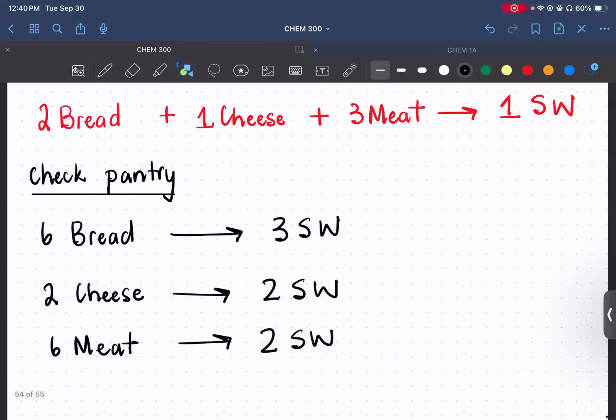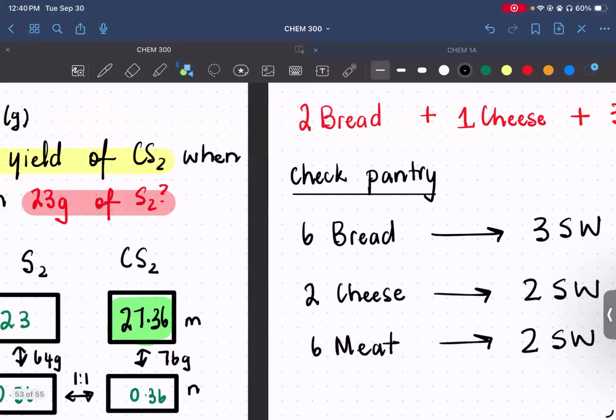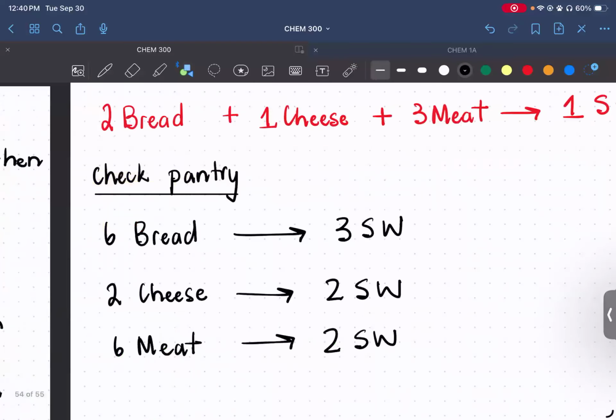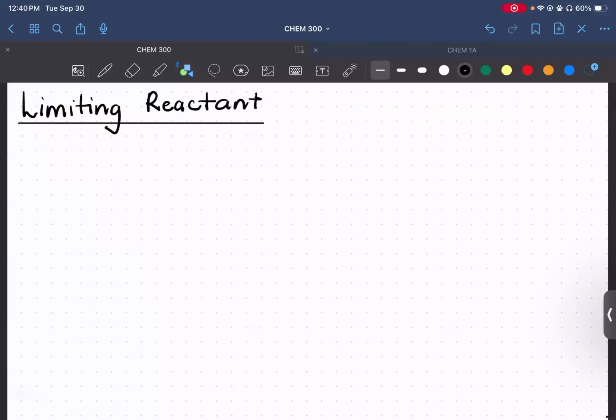We evaluate each ingredient, compare the products. That was that topic right here. And now we're moving on to our final topic of the day, limiting reactants, abbreviated as LR.